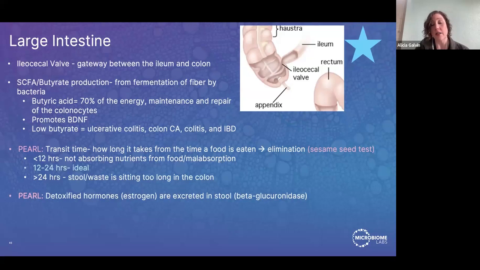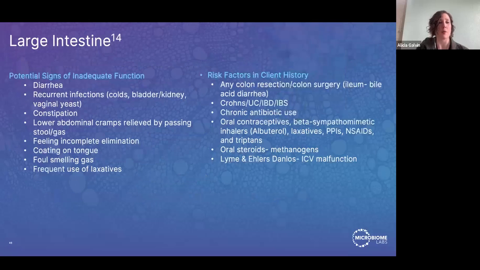So I like having people do transit time tests regardless of what they're reporting in terms of frequency of bowel movements, because sometimes you might be surprised with how long it actually takes them to move that food through their intestines. And again, detoxified hormones like estrogen are secreted in the stool, and that will be talked about later in your future webinars.